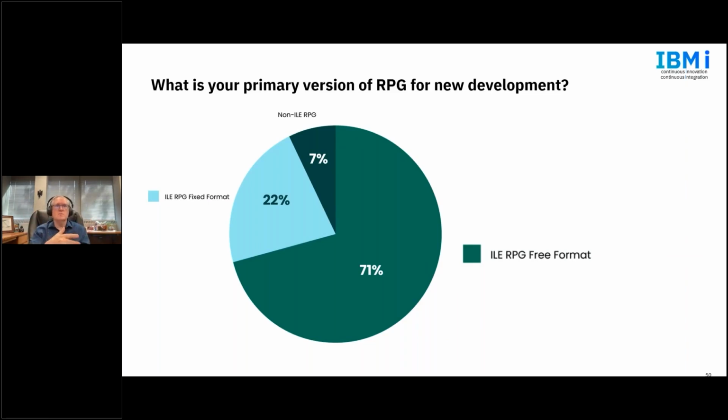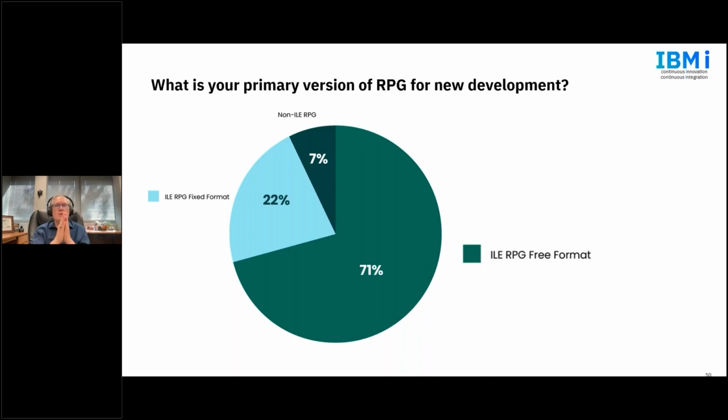Now, fortunately, as I said, RPG free format is the thing that's making the difference there. When we ask customers what version of RPG are you using for new development, first of all, 93% of them are using ILE-based RPG as opposed to the older RPG, okay? But even among those people, the significant majority are using free format RPG. Thus, they're able to use the most modern tools to do free format development and then integrate that into things like modern DevOps, etc. So that's great.